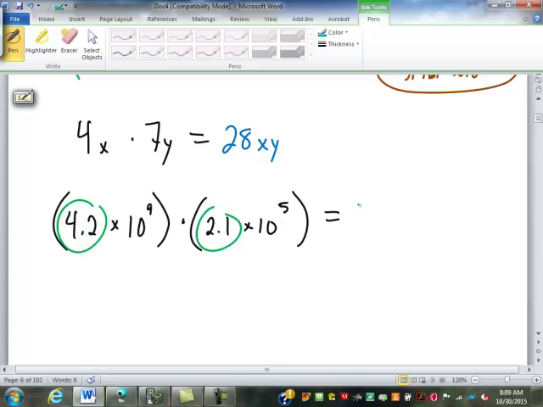Careful. Times. 8.82. But then we're also going to combine the names. What's 10 to the 9th times 10 to the 5th? 10 to the 14th. When you're multiplying powers of 10, you add the powers.